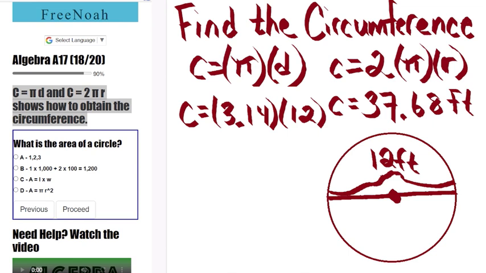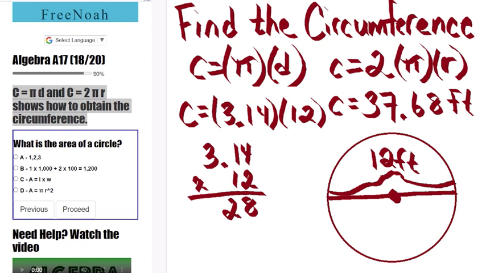Well, let's multiply this out. Okay, here we go. So 4 times 2, that's 8. 1 times 2 is 2, and 3 times 2 is 6.